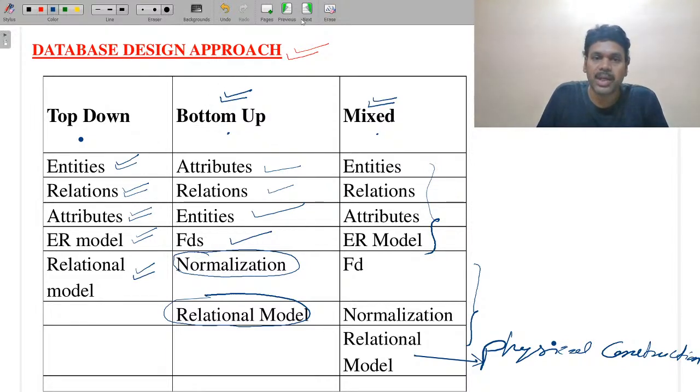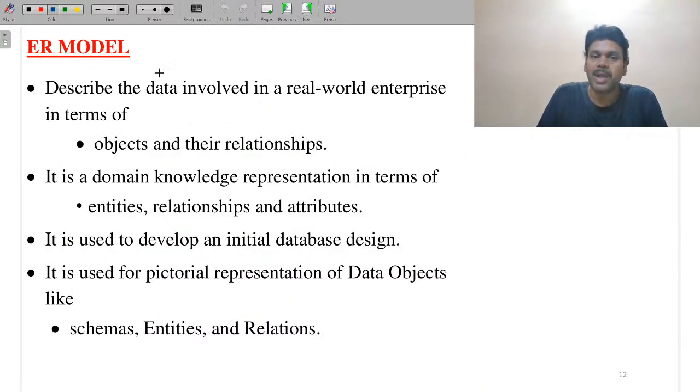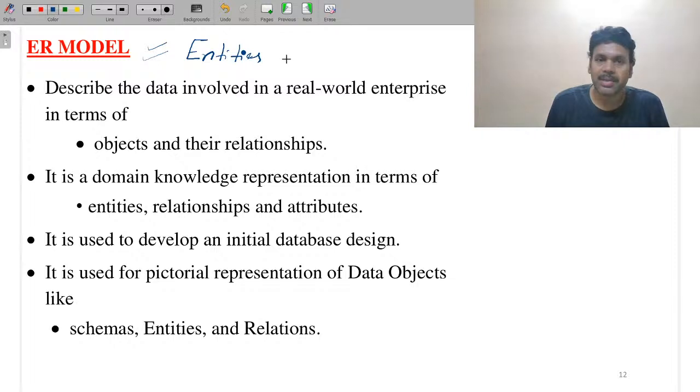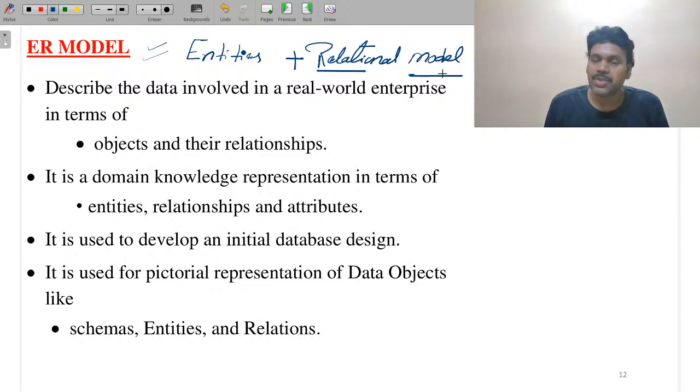ER stands for entity relationship model or entity relational model. There are two parts in that: one part is entities and the other part is the relational model. We observe two parts carefully in this. As usual, the ER model is a relational model combined with entities, which are two parts of it.